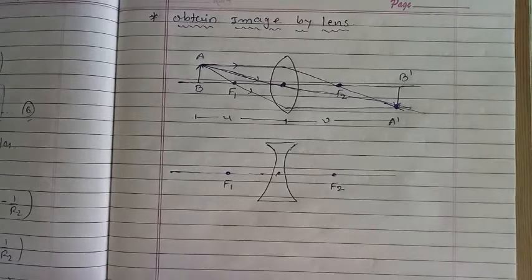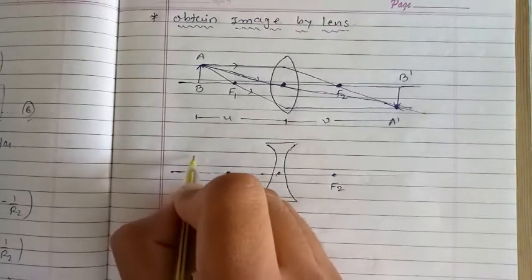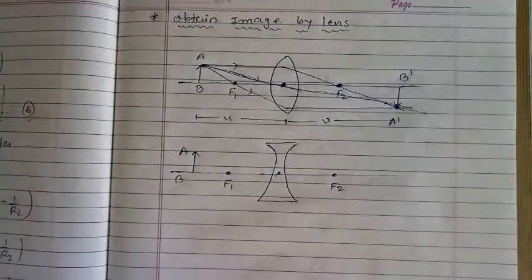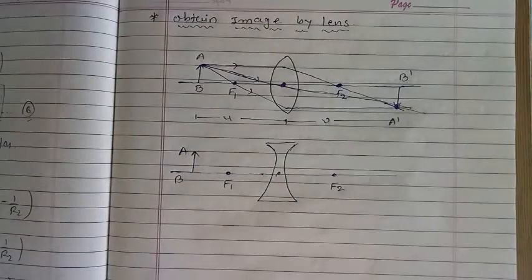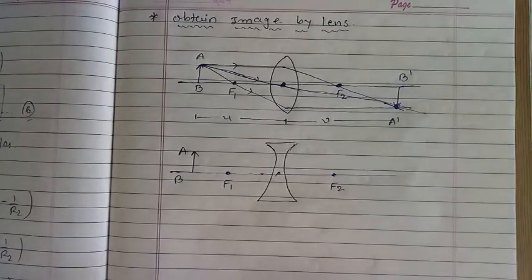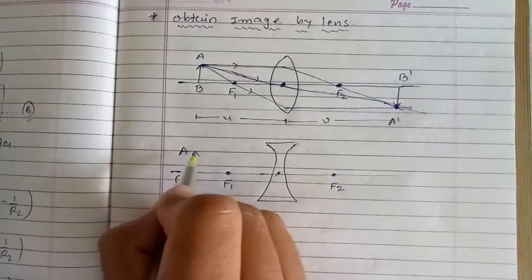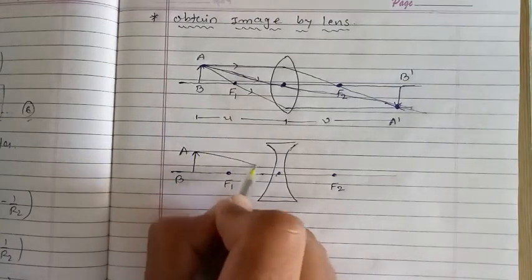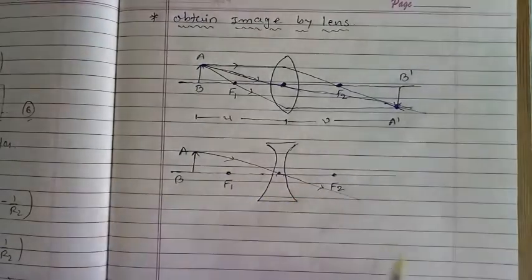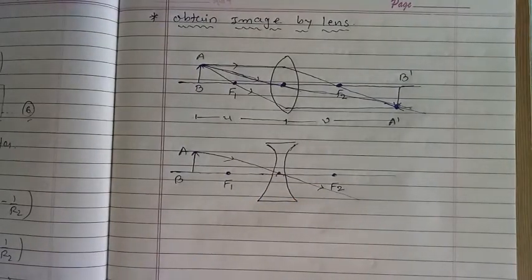Suppose here I put an object AB like this. Now, we already know that if a ray of light passes through the optical center of the lens, then it emerges without any deviation. So there will be no deviation after refraction.